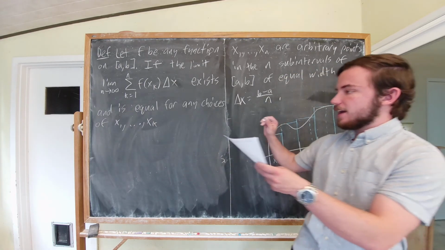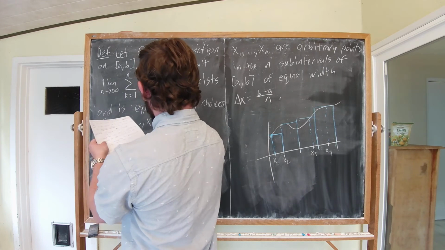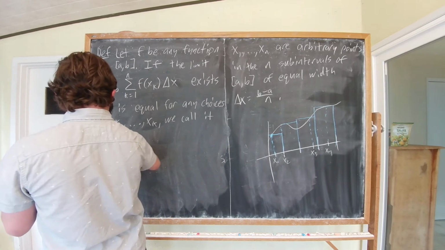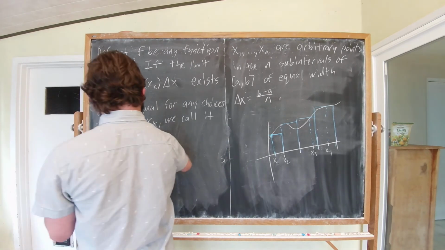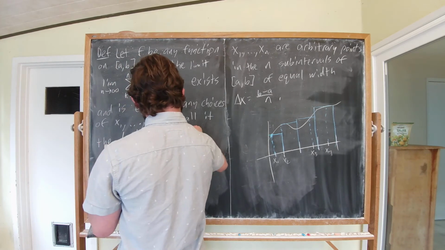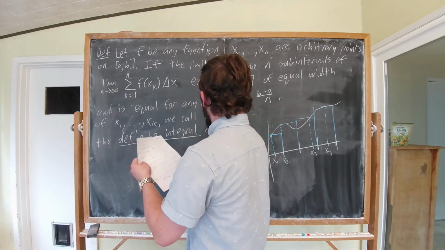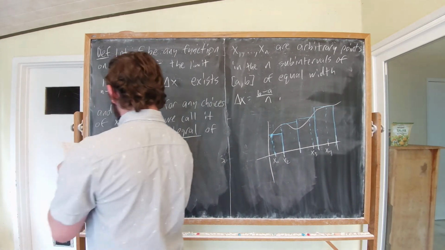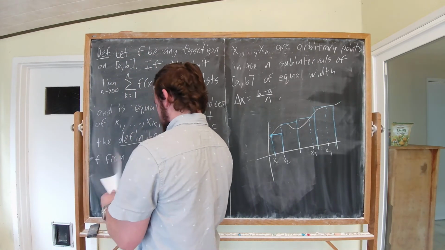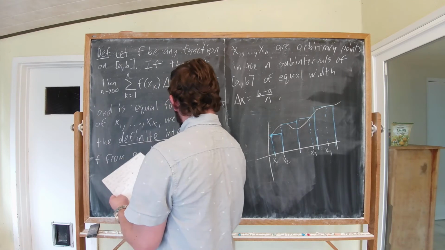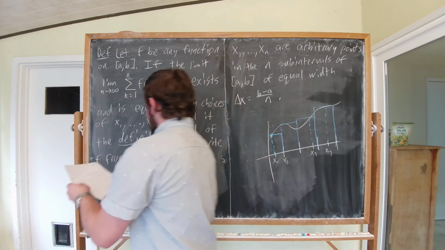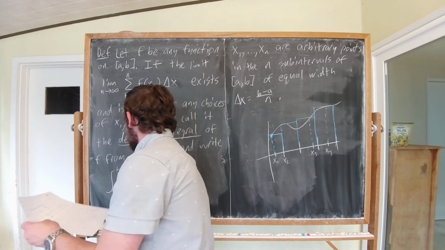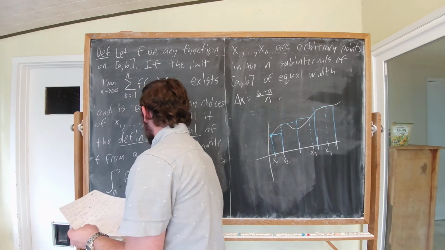If it still satisfies that, we call it the definite integral of f from A to B, and we write the integral sign from A to B of f of x dx.